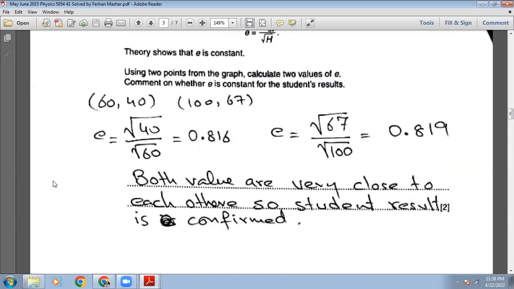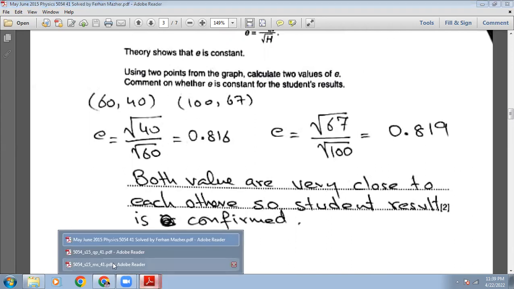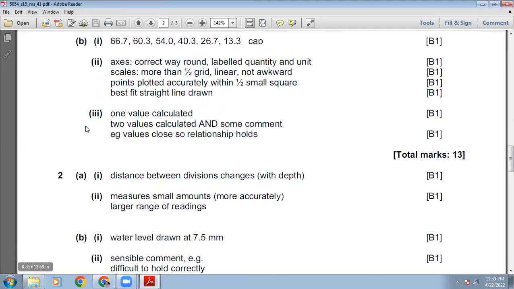So the actual value is 0.82, and from both points the E value is the same. Both values are very close to each other, so the student's result is confirmed. He said E is a constant, and from our calculation also, it is constant. So one value calculated, two values calculated, and some comment, for example, values close, so relationship holds.